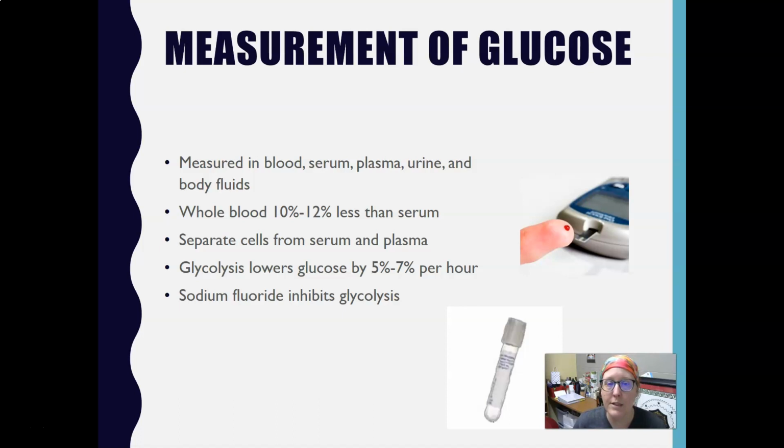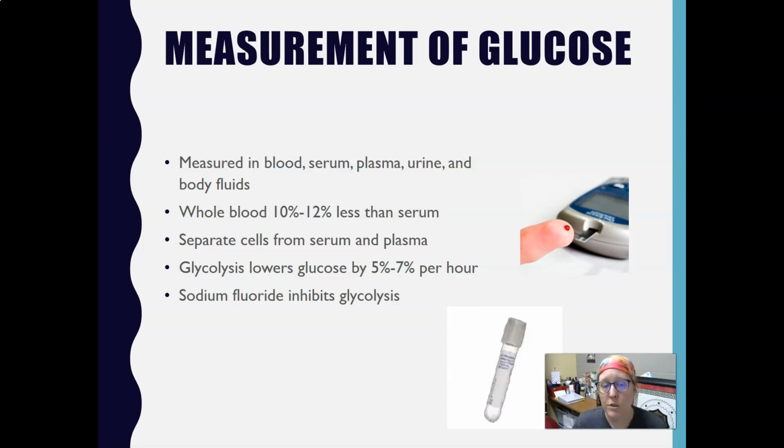If you actually draw blood out of an arm, spin it down, and run it on the big machine, it's going to read higher than what the whole blood reads. So you do want to separate the cells from serum and plasma, so you can use the serum separator gels for that, or simply pull off the serum or the plasma off of the cells and put it in a separate tube.